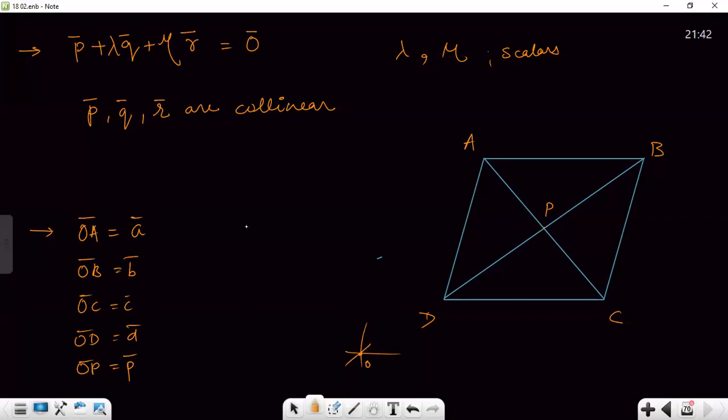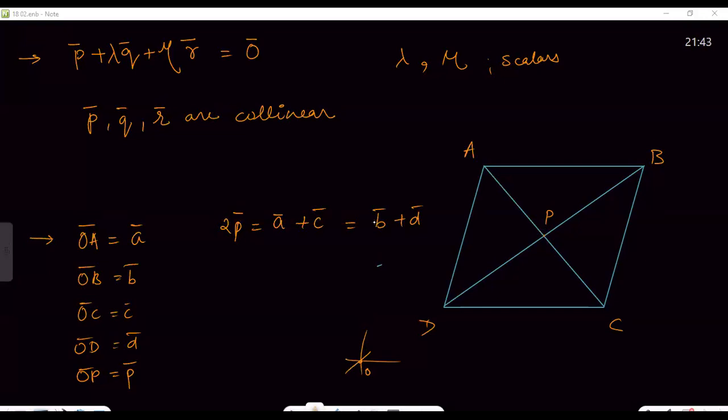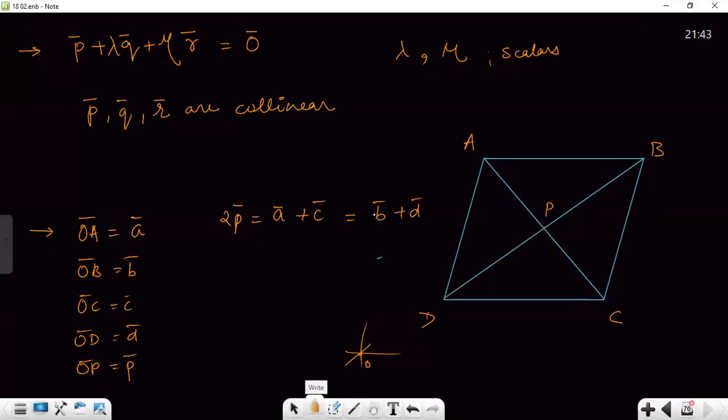So here, one thing to understand is that 2P vector is equal to A vector plus C vector, also equal to B vector plus D vector. Why? Because the diagonals of a parallelogram bisect each other.